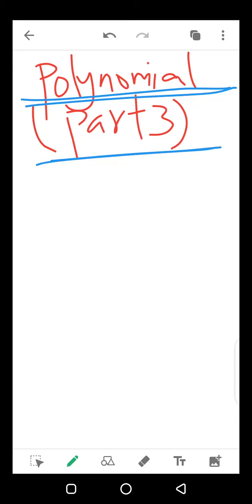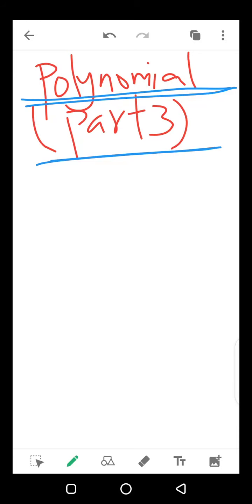So when we see polynomials and we want to divide, the first thing we have to look at is to make sure that the terms are arranged according to their descending order based on the degree of their variables.